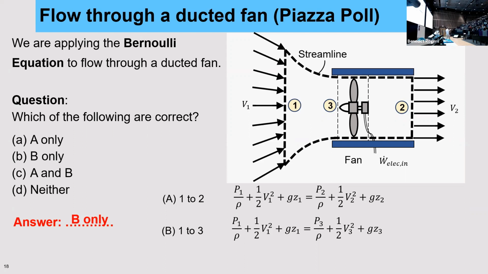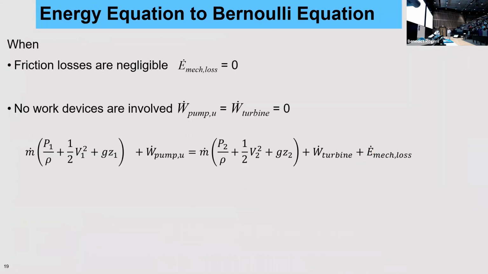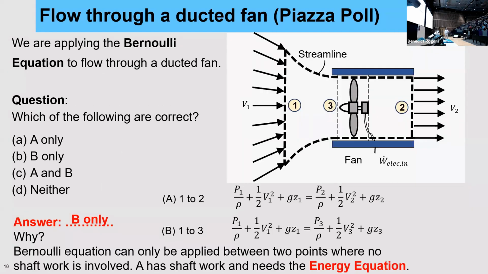It's B only for a very similar reason to what we discussed at the beginning of the lecture for the end of lecture question from last time. The Bernoulli equation can only be applied between 2 points where there is no shaft work involved.